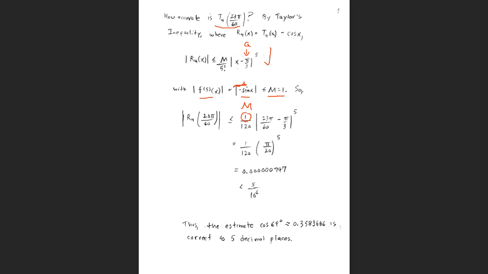Okay. And the x is, in this case, 23 pi over 60. You're at a specific value of x that you're looking at, 23 pi over 60. So that's what x is. A is pi over 3.